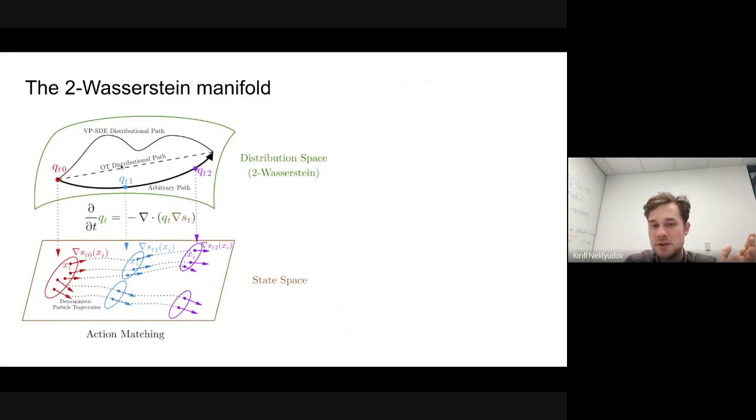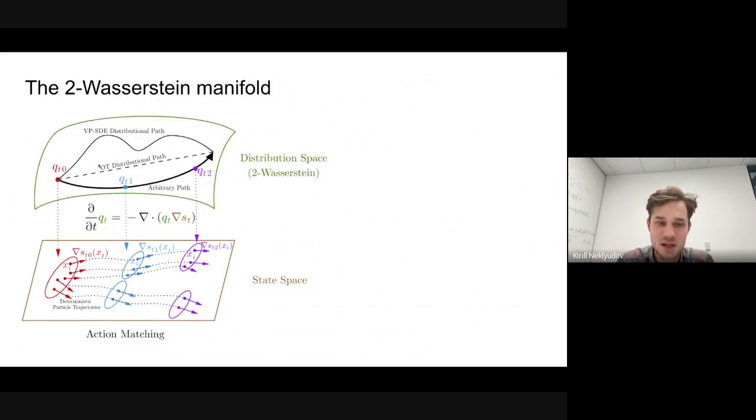Our intuition, I think, is better depicted in this picture: we have some initial distribution and the target distribution, and diffusion defines some weird path that we don't really know exactly how it looks, but let's say it looks like this.